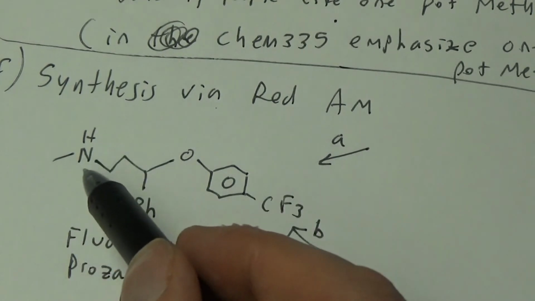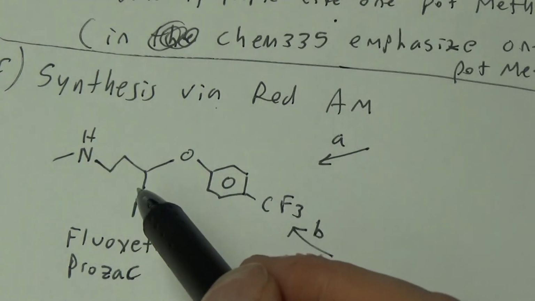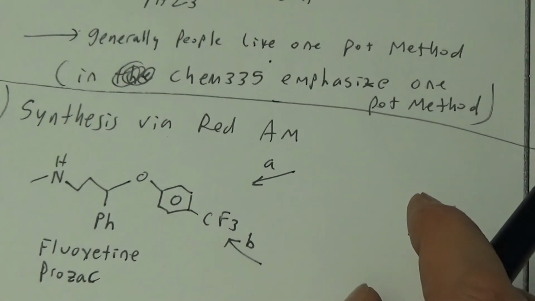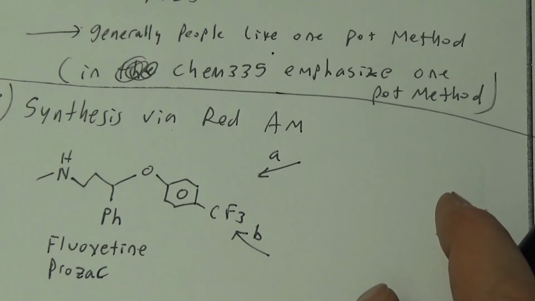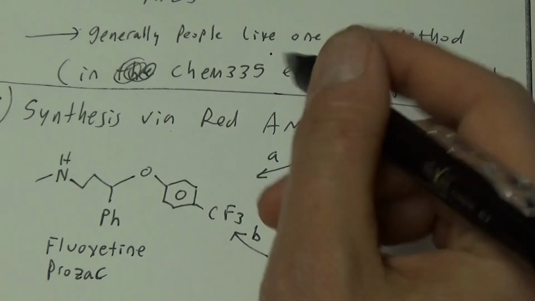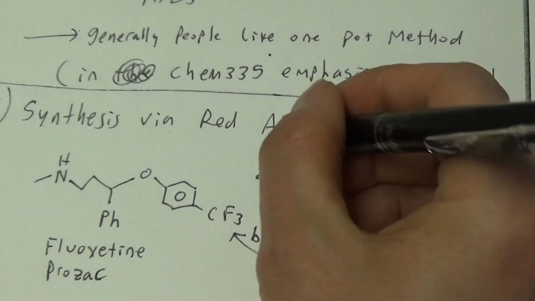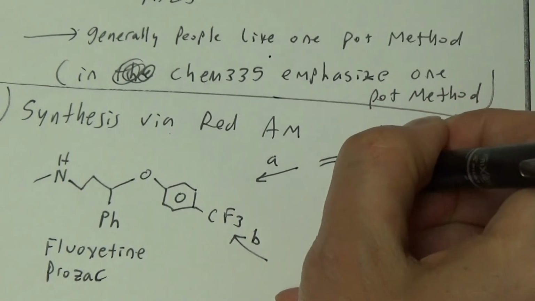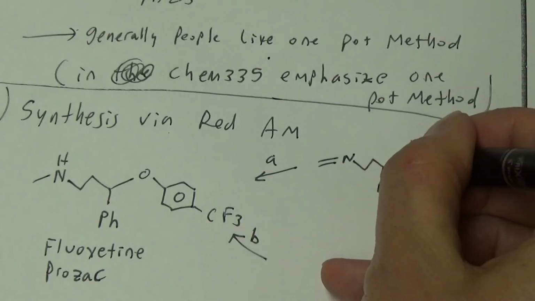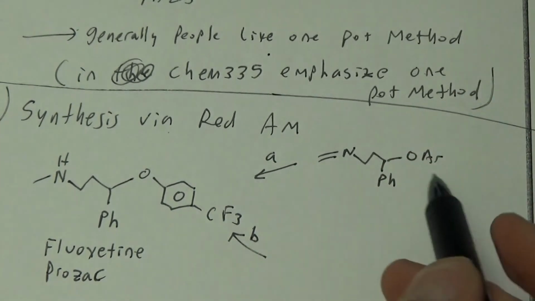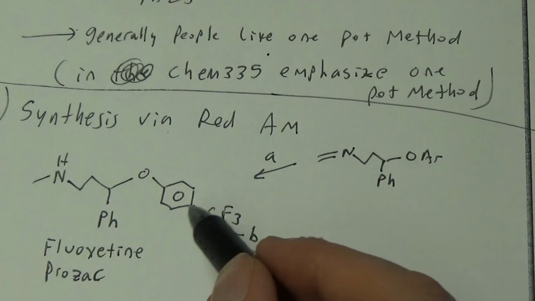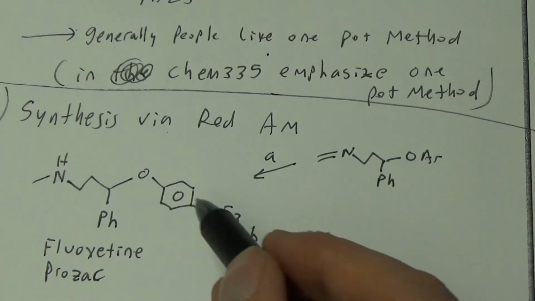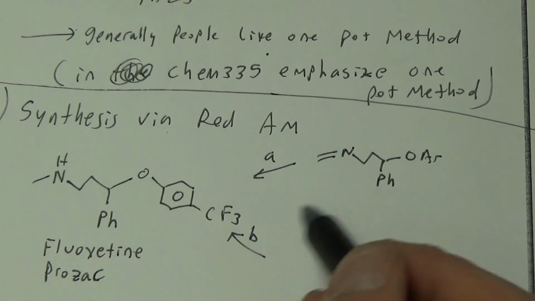In one case the imine's in one direction, and in the other case the imine's in the other direction, and then we can build the imine the way we build imines, from amines and ketones or aldehydes. So I can envision the amine being here. I'm going to abbreviate the trifluoromethylbenzene as Ar. So Ph is phenyl with nothing on it, and Ar in this situation is the benzene with the CF3 on it, just to make this easier.